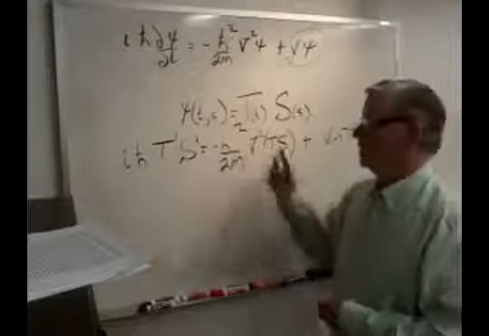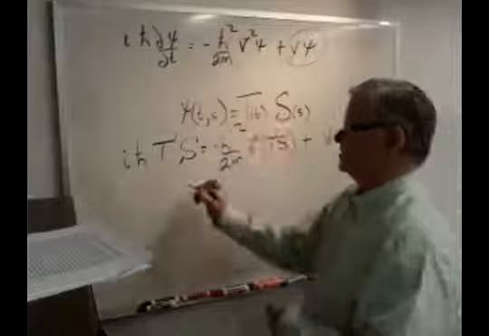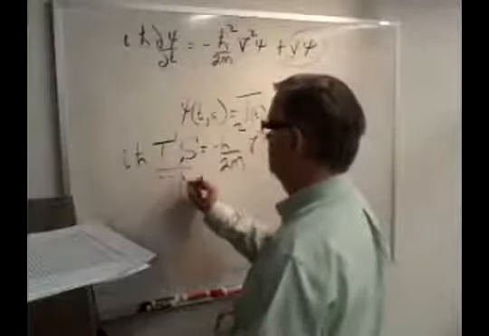Now, the reason we made that non-zero is we divide by psi to separate the variables, divided by T S.